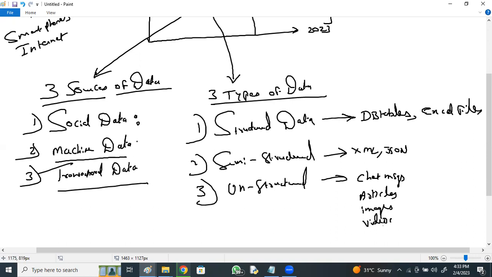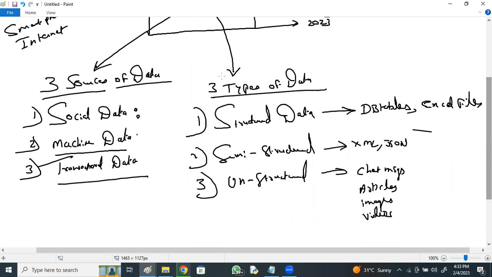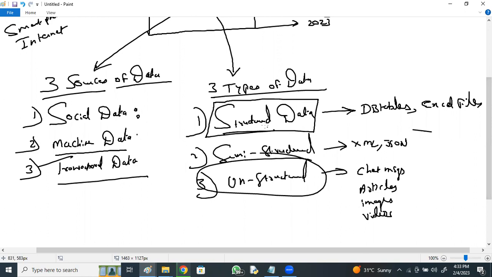But the biggest challenge today is that most of the data being generated is in unstructured or semi-structured format. The current databases can handle only structured data, but semi-structured and unstructured data cannot be handled. So we need a proper tool which can store and process this data.